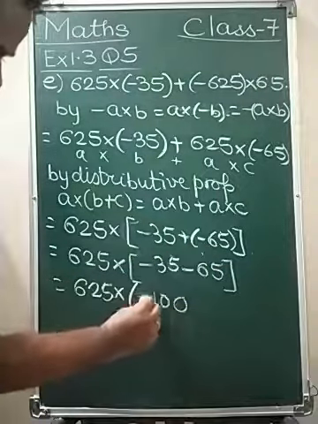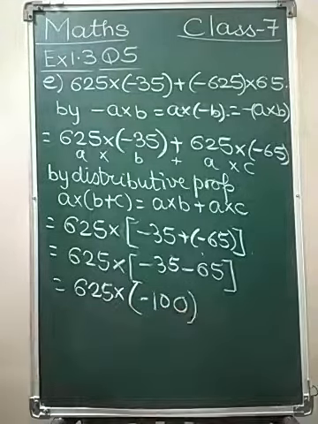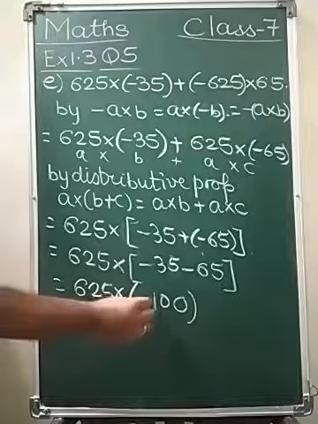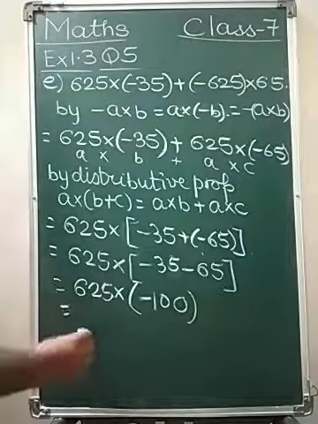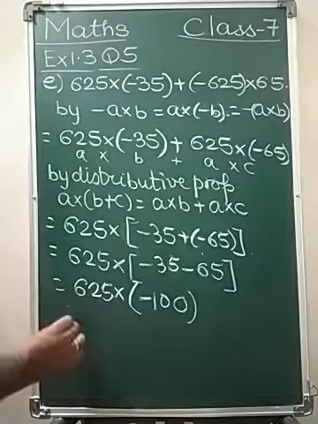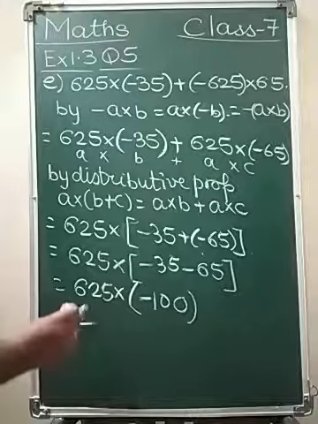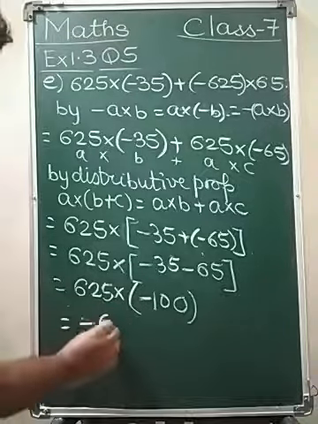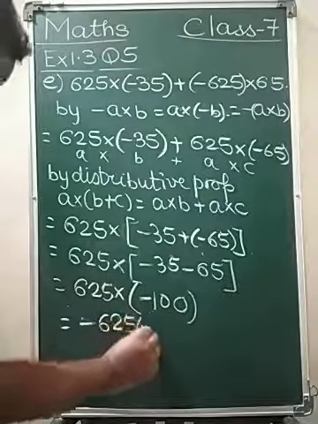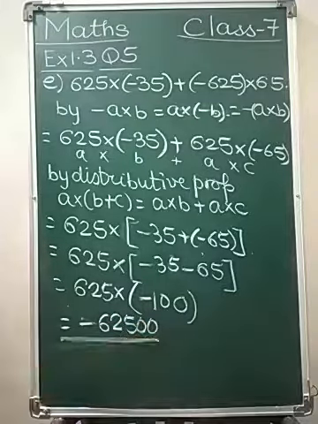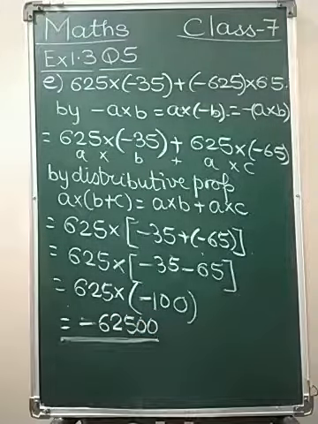So 100, minus 100. Okay, here we will get a minus sign. So ultimately our answer comes to, here negative sign is there, so answer will be negative 625 and 2 zeros. 62500. So done, the question is solved, and we'll stop here only.